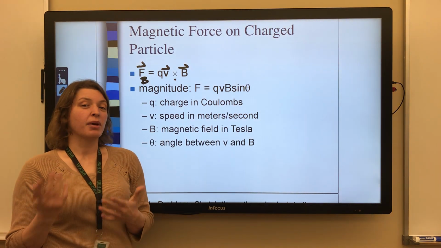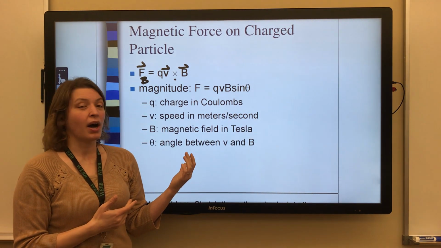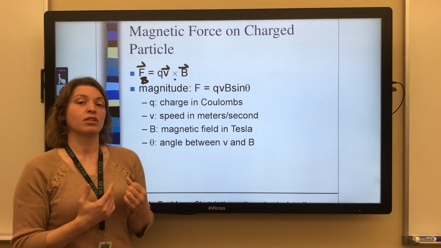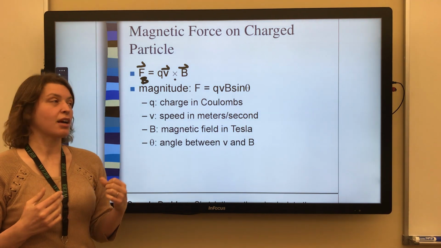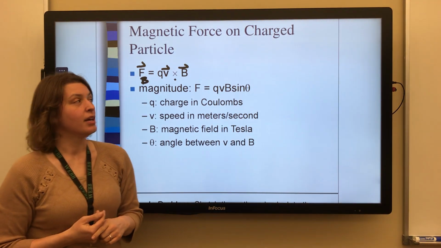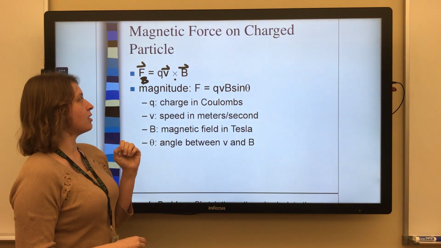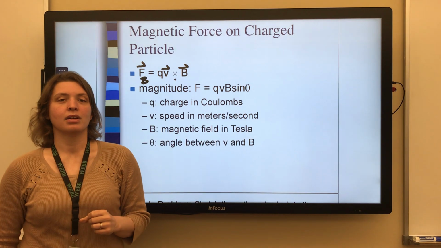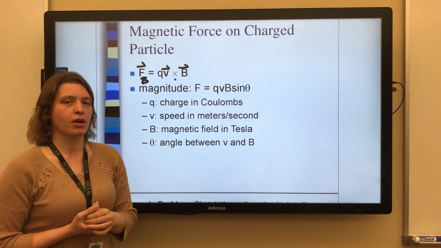That cross product might help you see why it is that we're thinking about this as a circular motion problem. You might be able to see that the magnetic force that's going to be applied, that Lorentz force, is always going to be perpendicular to the magnetic field. It's also always going to be perpendicular to the direction of motion of the particle.